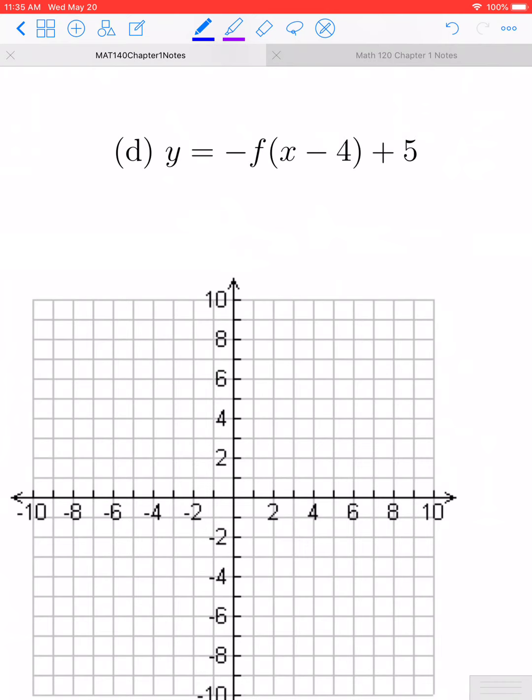Let's take a look at one more of these. Here we have a combination of 3 transformations. Subtracting on the inside is a horizontal shift that'll move everything to the right 4 units.